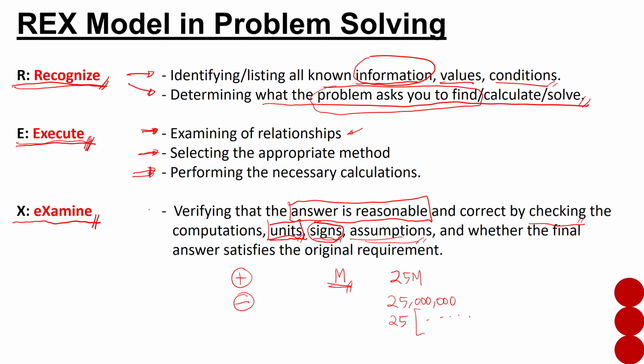And lastly, the examine, which is also an important part, where we verify if our answer is reasonable, and we check here if our computations are correct, our sign conventions are correct, our units are correct, and if we have followed the appropriate number of decimal places.